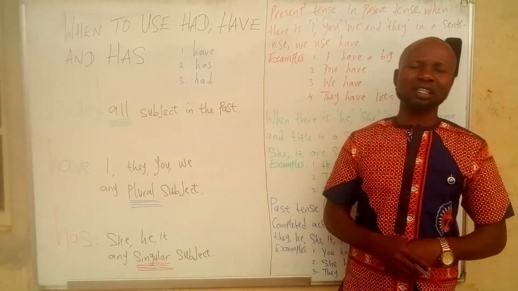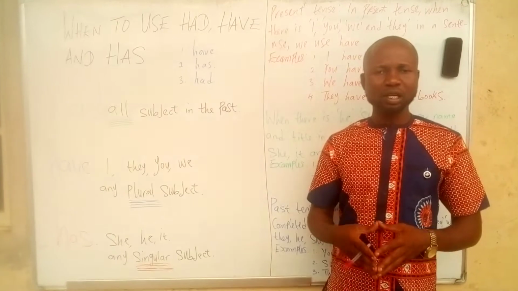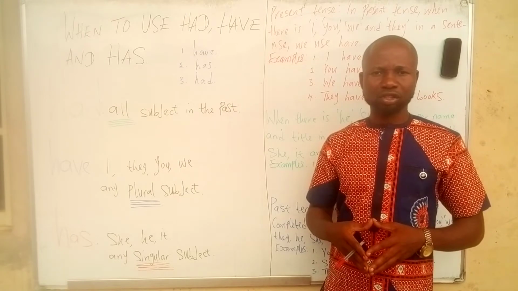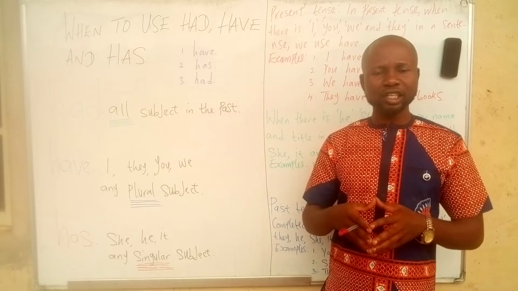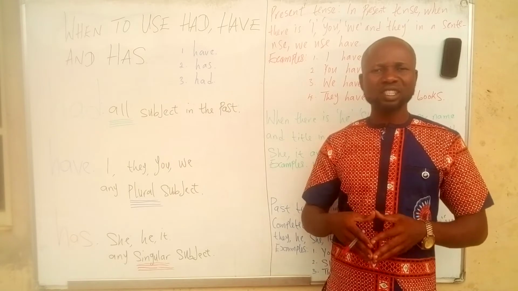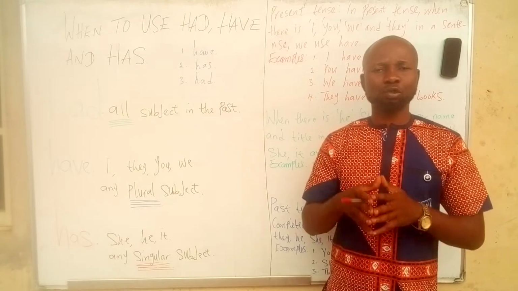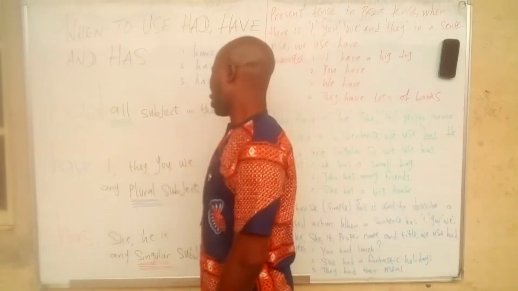For example, you can say, she has a book. She has a dog. It. So all these, he, she, it, go for singular subject, singular thing. Remember, they are all pronouns. All right, thank you.